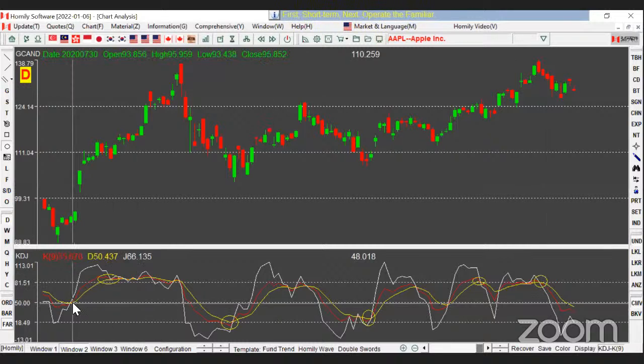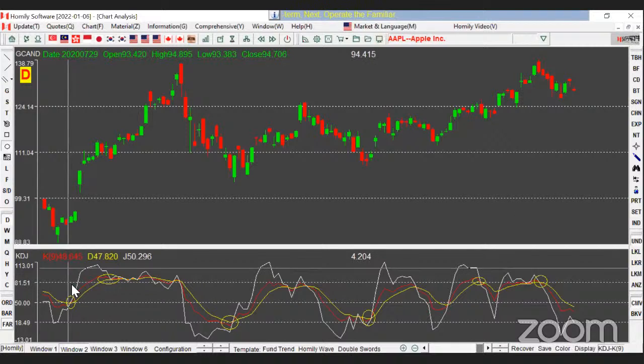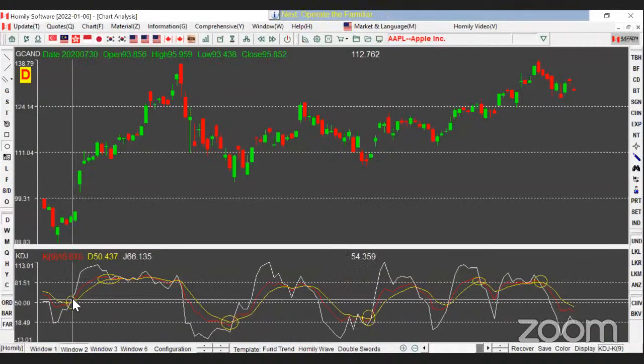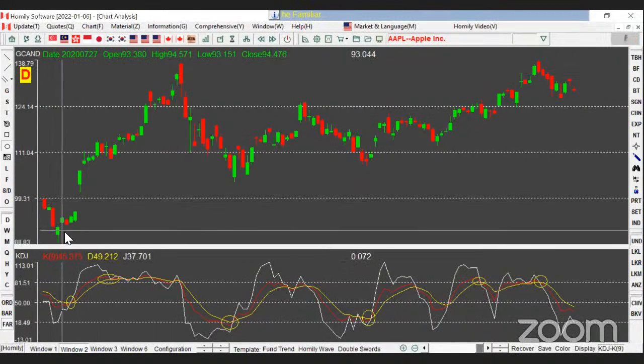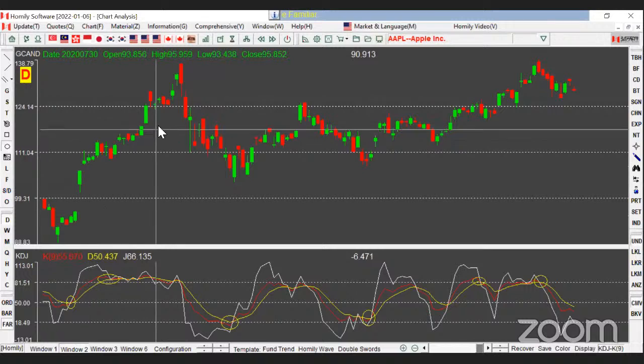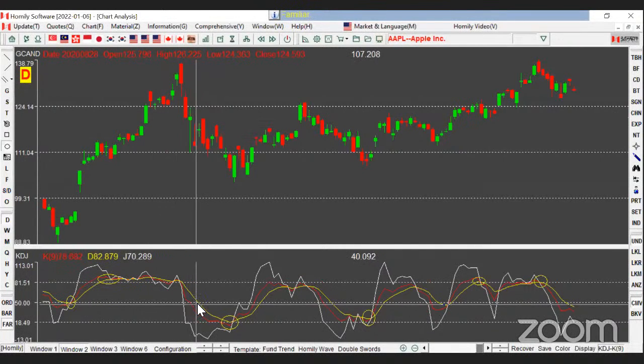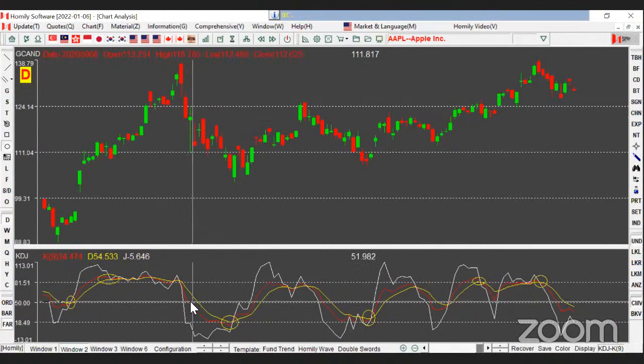So we see here the golden cross here. We see the price, the K and D above 50, so it's quite strong, right? So it's a strong area. The price upward momentum is quite strong, and then when K and D drop below 50, around here, right?